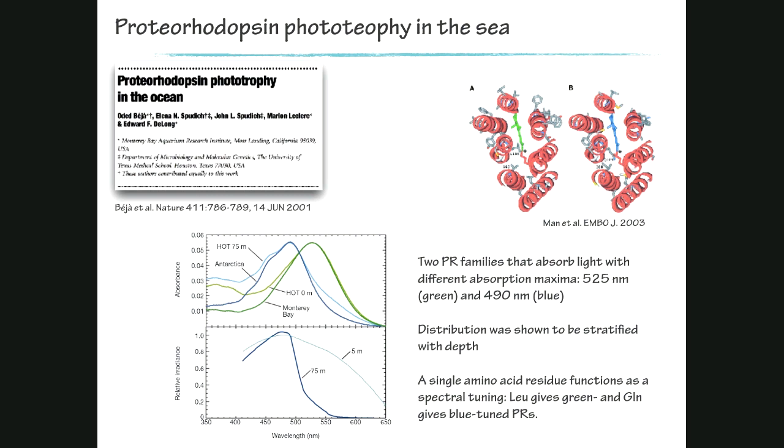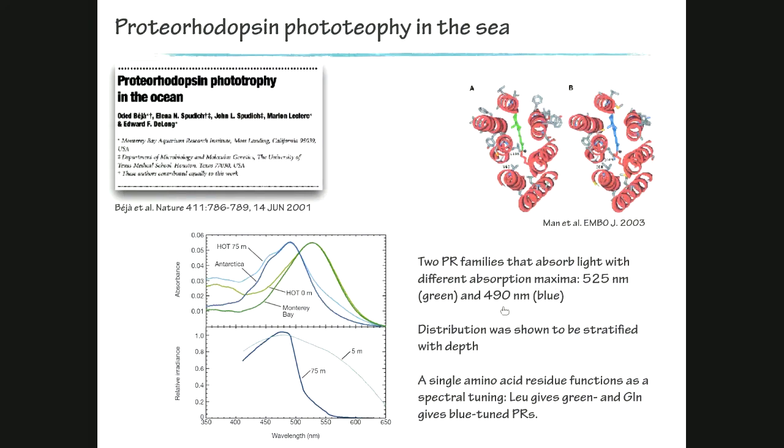So after the first study, a second study was focused on trying to see the function of these proteorhodopsins, and basically they described the structure of the protein, and they also saw that there were 2 different families of proteorhodopsins in the sea, absorbing light with different absorption maxima. One absorbs the green light, and the other one absorbs the blue light.